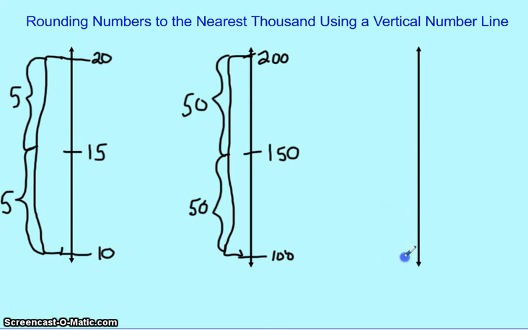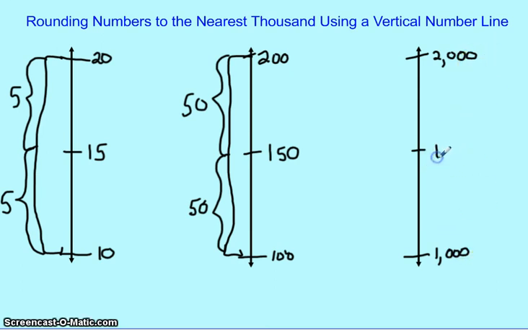Let's take a look at another one, and I'd like you to put another two endpoints, and this time I'd like you to put 1,000 and 2,000 as the two endpoints. Pause it and see if you can tell what the midpoint or halfway point between 1,000 and 2,000 is.